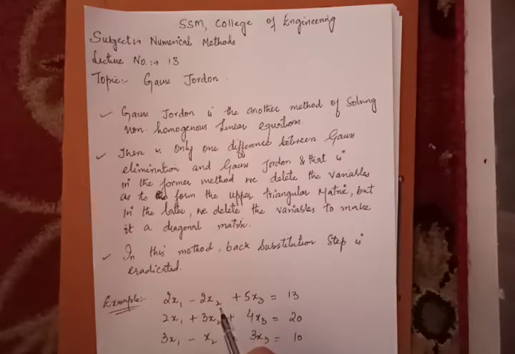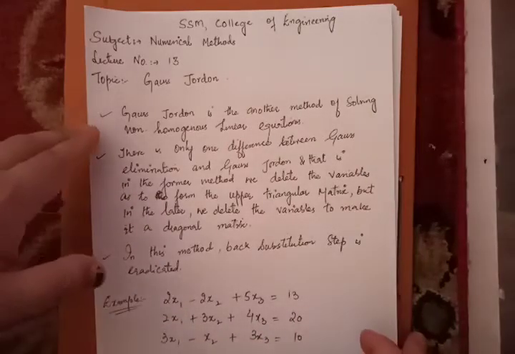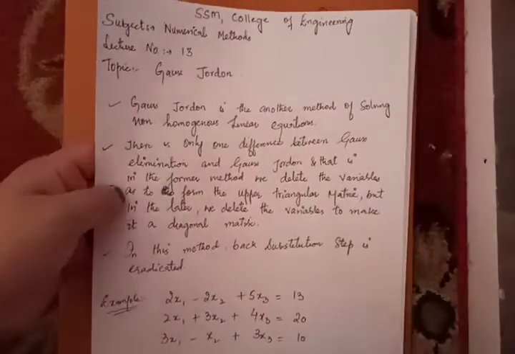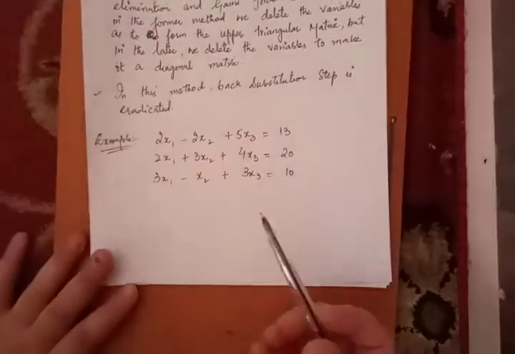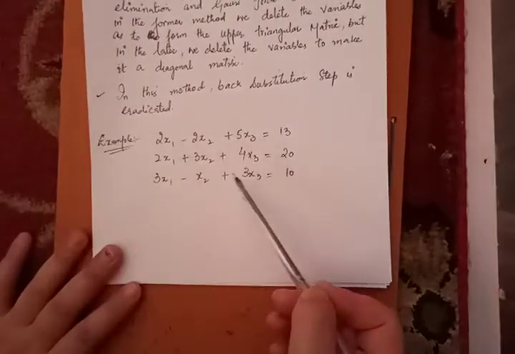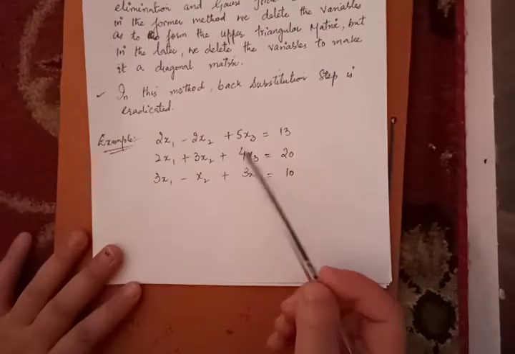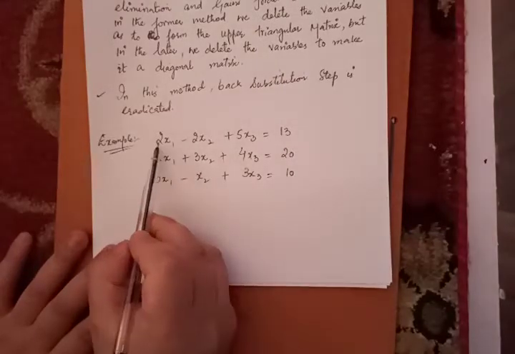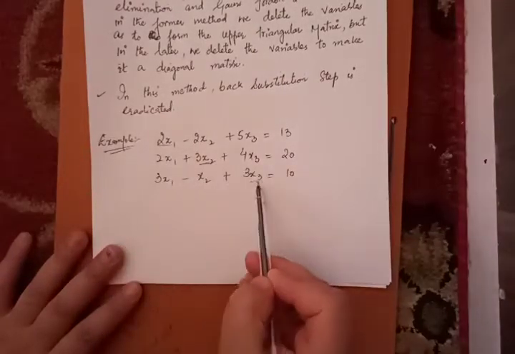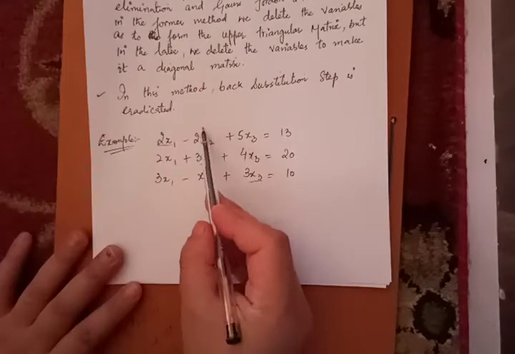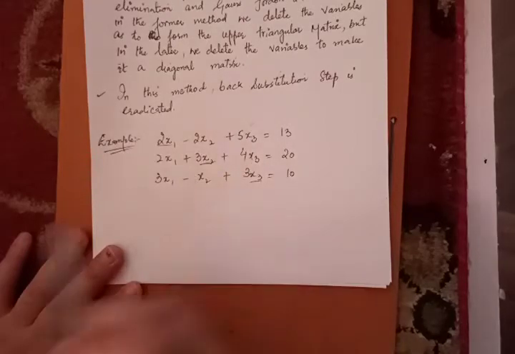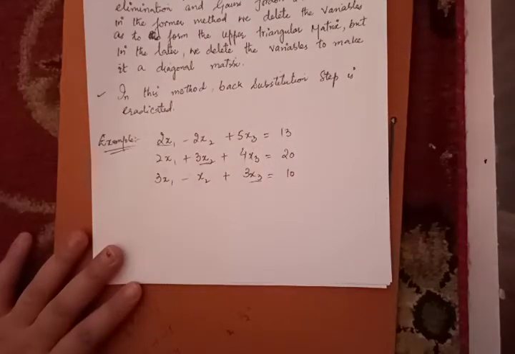But over here in Gauss-Jordan method, instead of converting the system into the upper triangular matrix, we have to convert this system into the diagonal matrix. That means only these diagonal elements remain, and we make all the other elements equal to 0, and by this we would eradicate the back substitution step from the Gauss-Jordan method.